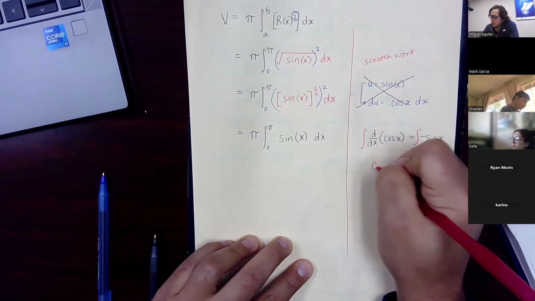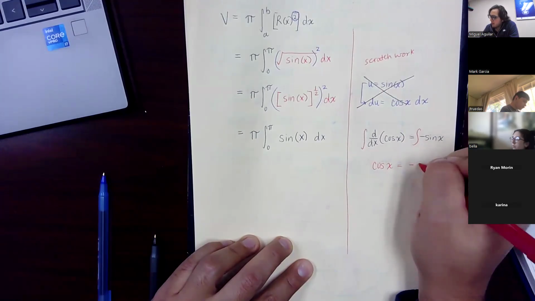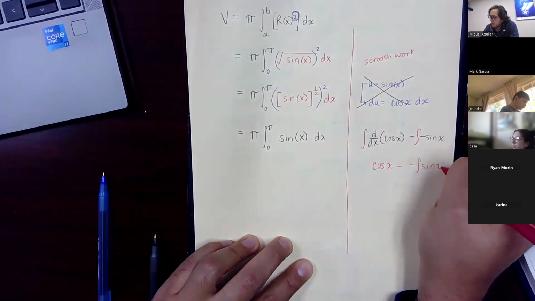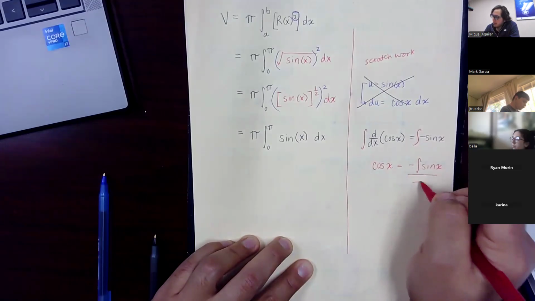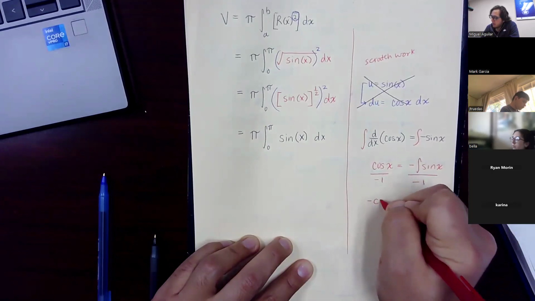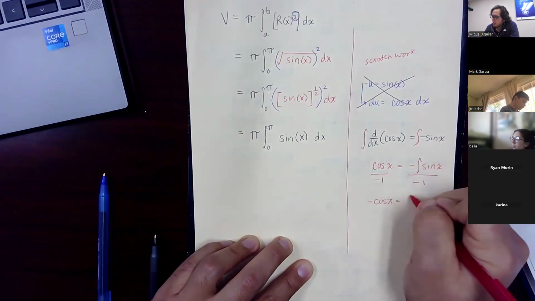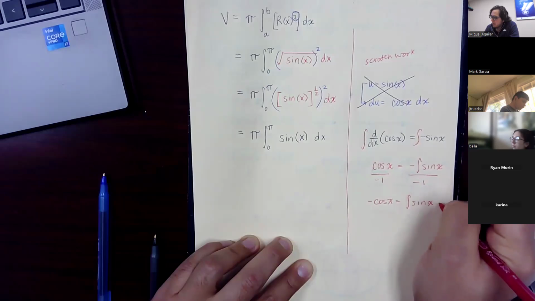Then that means we would have cosine of x is equal to the negative integral of sine x. And we can simply divide both sides of this by -1. So we can get that the negative cosine of x is equal to the integral of sine x dx.